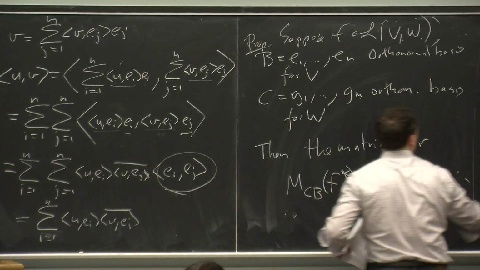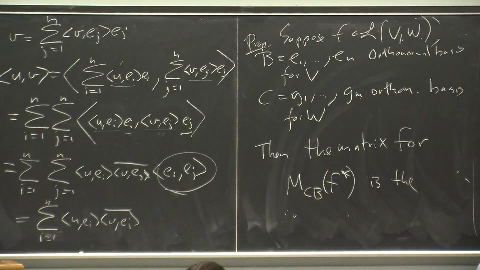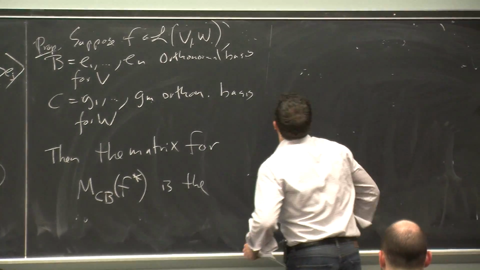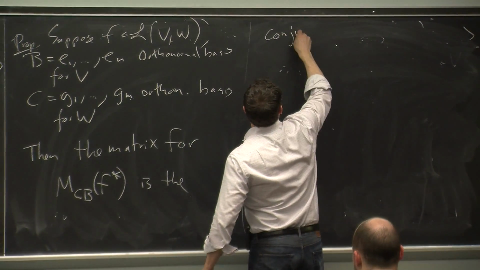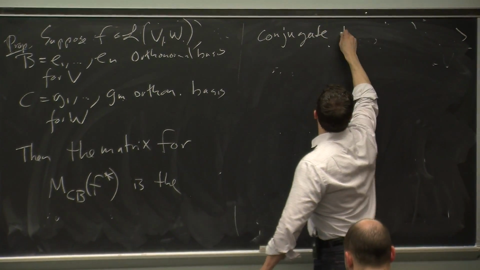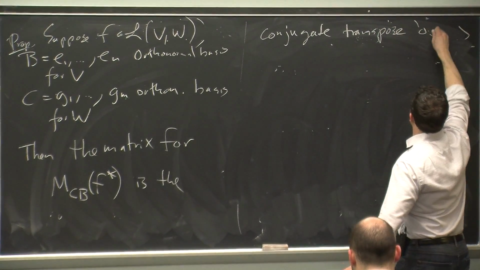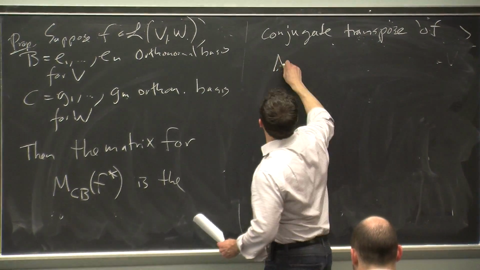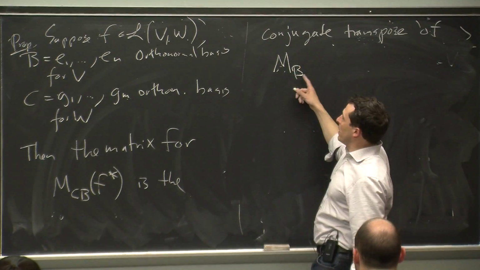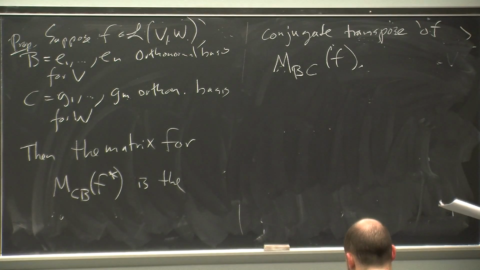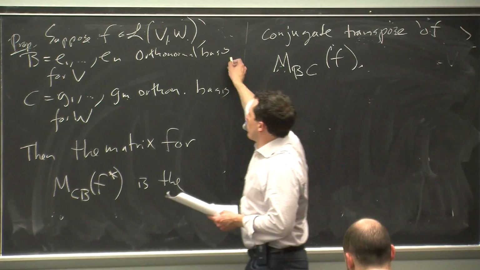And what it is, it's the conjugate transpose of the matrix going in the V to W direction of F. And it's very important, of course, that these be orthonormal bases.